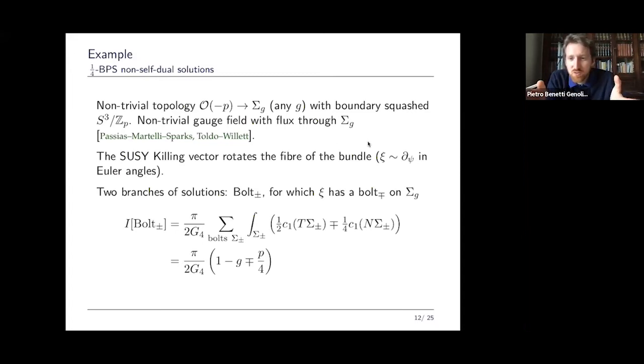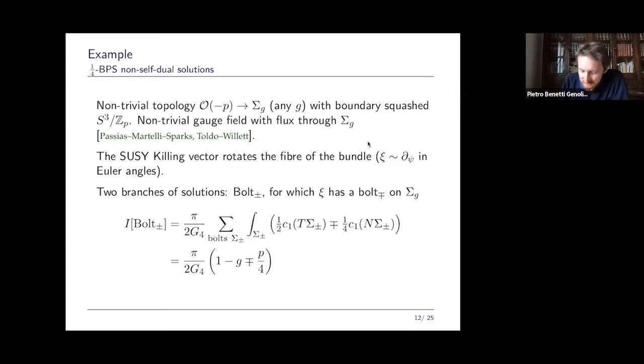These are supersymmetric solutions. You don't need to know the metric in order to compute the action, because I know that the SUSY Killing vector will rotate the S1 fiber of this space. Because it's just the rotation of the fiber, I know that the fixed point set will be the base of the bundle, which is isomorphic to Σ_G.